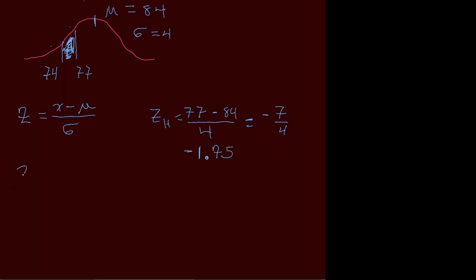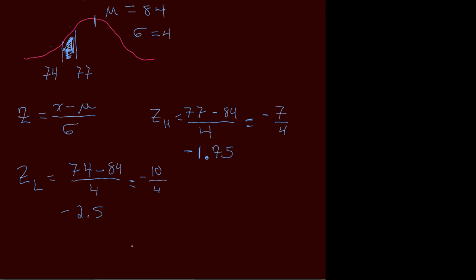And our lowest Z value is 74 minus 84 over 4, or negative 10/4, which is negative 2.5, I believe.